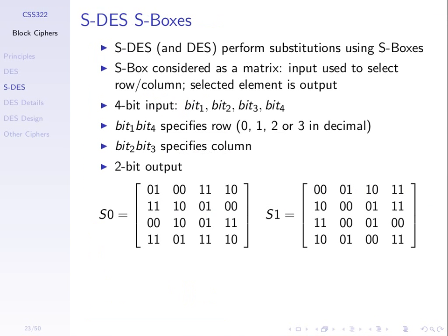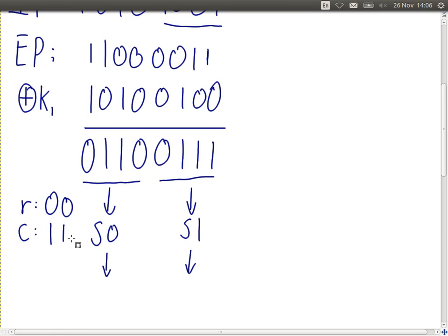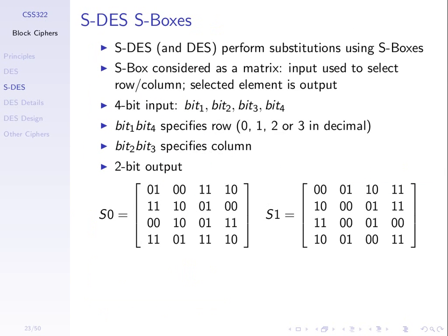Let's go back. Bits 1 and 4 specify the row, 2 and 3 specify the column. So row 00, column 11, or in decimal, row 0, column 3. Look up your Sbox. Row 0, the first row, column 3, the last column, output 1, 0. So it's just a lookup on that defined substitution box. The output for S0 will be 1, 0.